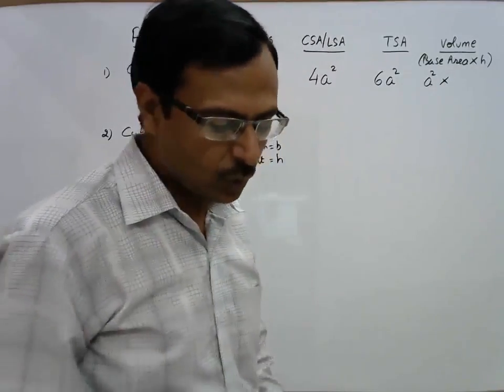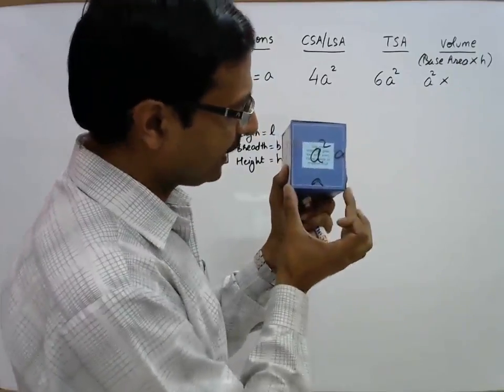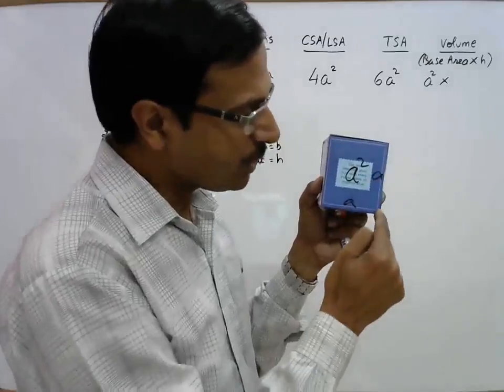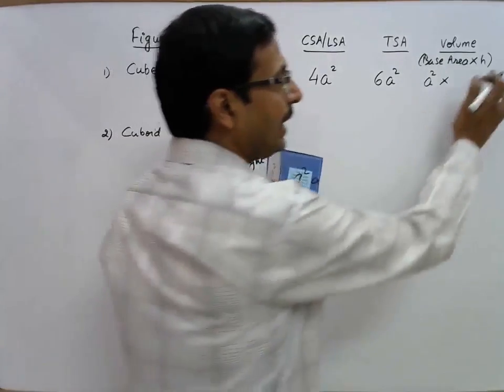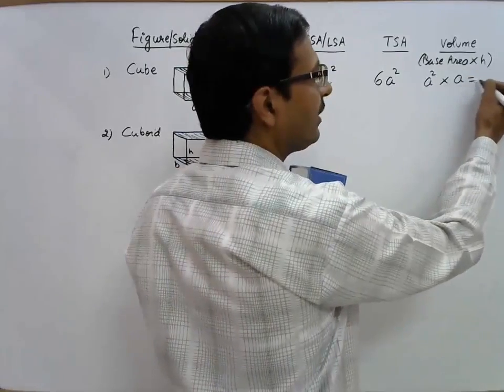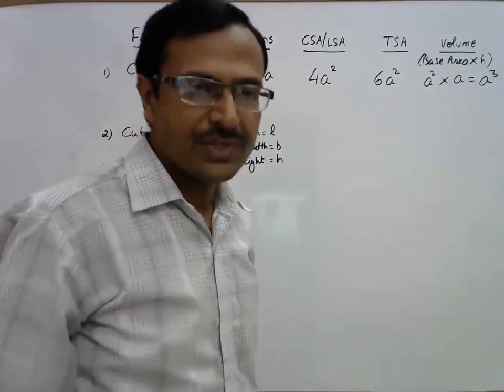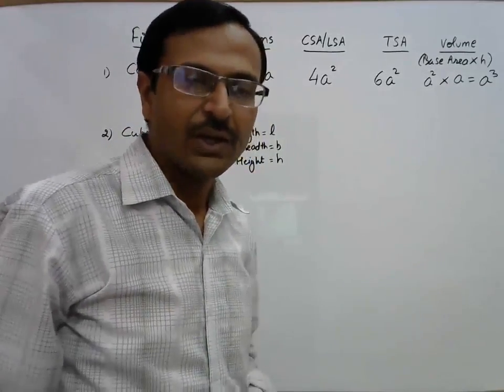Now see, when we talk of a cube, the length, the breadth and the height all are same. So the height is also a. So a square into a gives you the formula for the volume of a cube, which is a cube. So these are the three formulas of a cube.